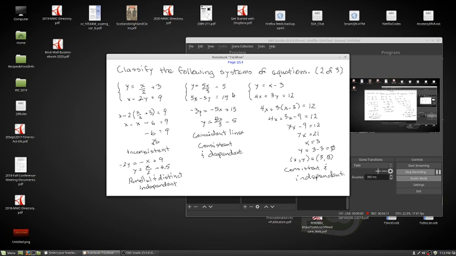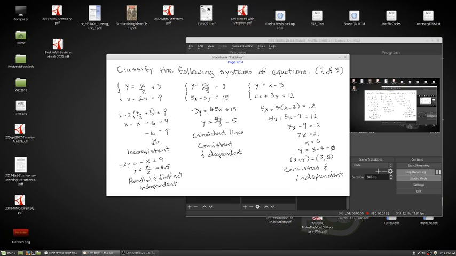Okay, let's look at the second one here. y is equal to 5x over 3 minus 5, and then our second equation is 5x minus 3y is equal to 15. Here, I just solved the second equation.